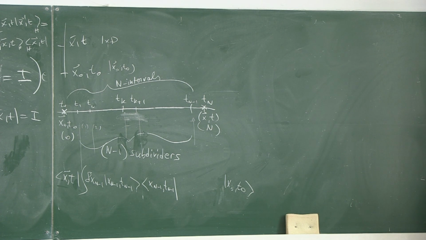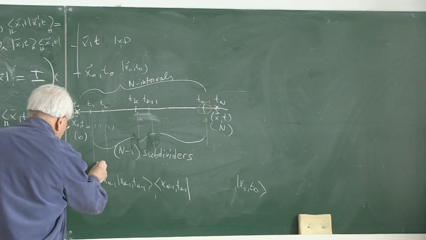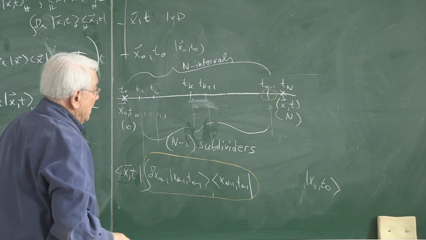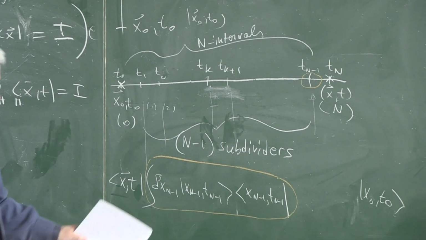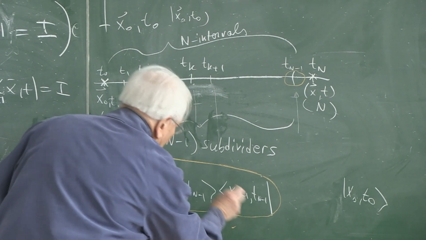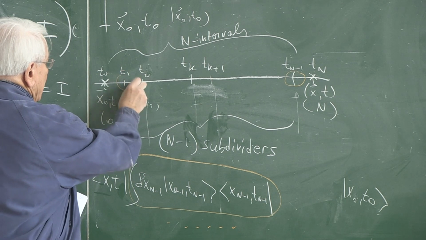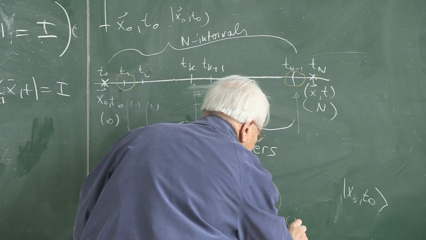Unfortunately, I cannot write it in a smaller fashion, so I need a larger blackboard to depict everything, so it is symbolic. I put one insertion next to the last point, and there are so many subdividers, and I will come next to here and insert another identity.